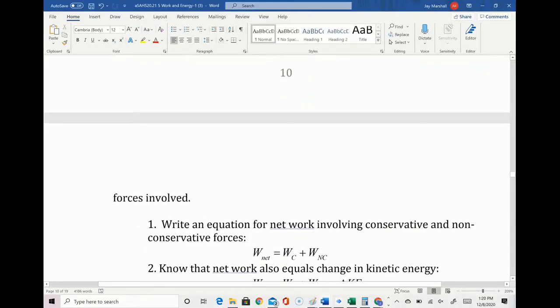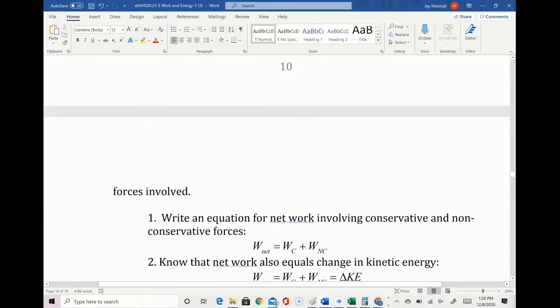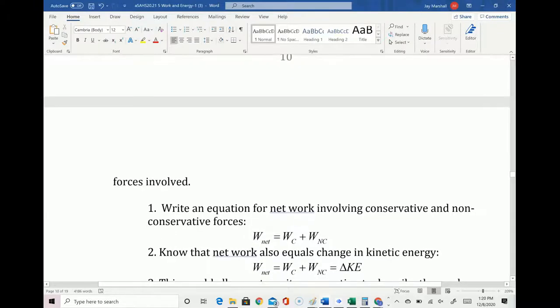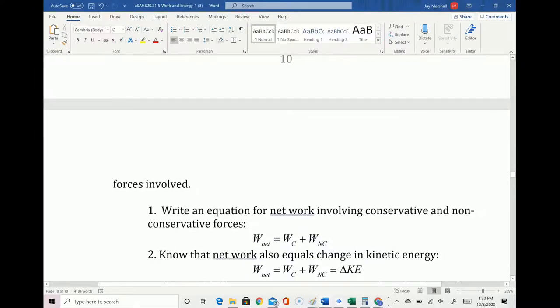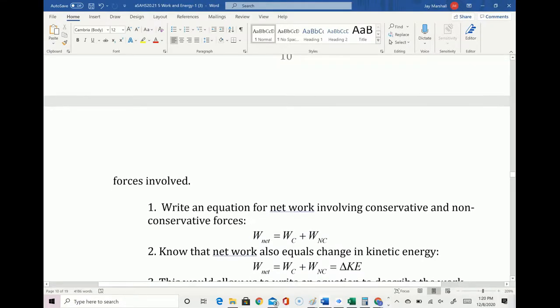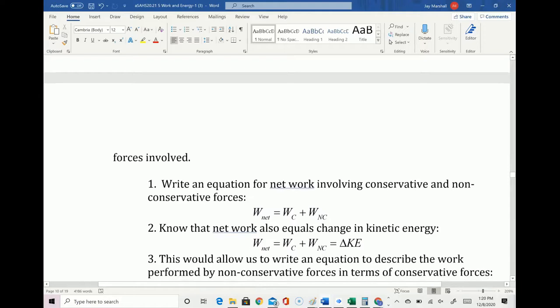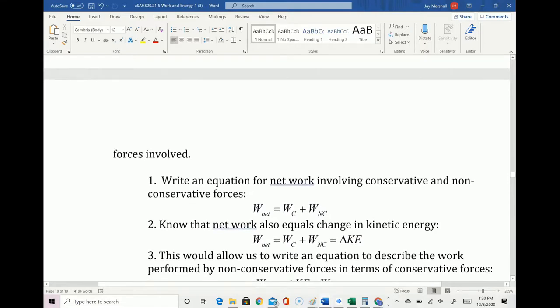Okay, so we know that the net work also equals the change in kinetic energy. Okay, so work equals work conservative plus non-conservative equals the change in kinetic energy, because that's the what theorem? Work energy. The work energy theorem. Yay. It's the Marshall theorem.